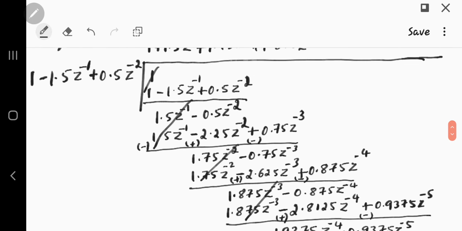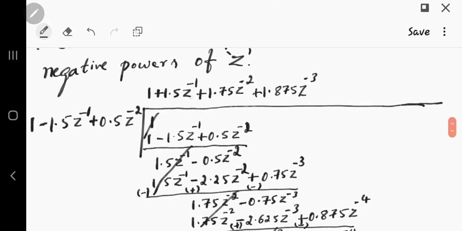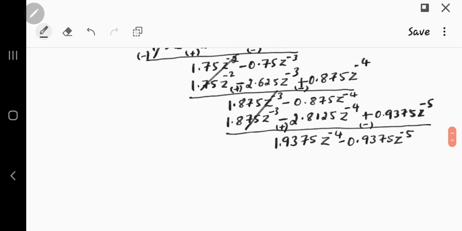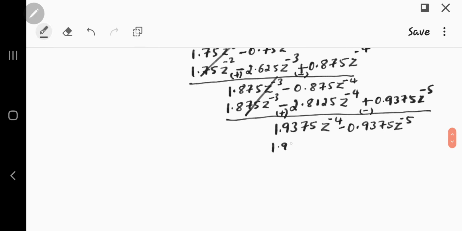And again I have to eliminate this term. Now we have 1, 2, 3, 4 steps done. Let's go for one more step. So I have to eliminate 1.9375 Z to the power of minus 4 here. So 1.9375 Z to the power of minus 4, minus 1.5 into 1.9375 is there.